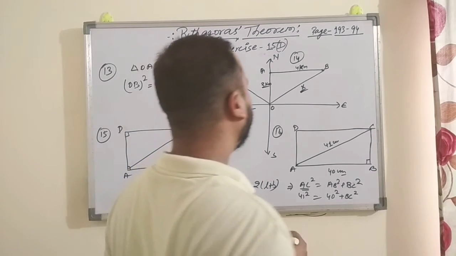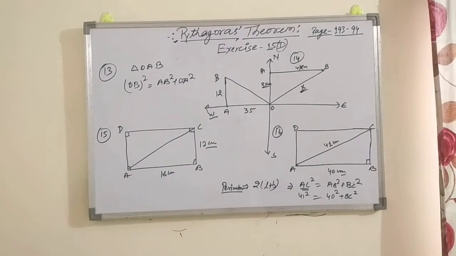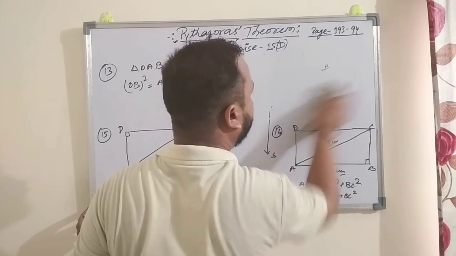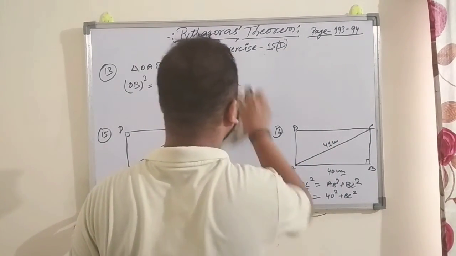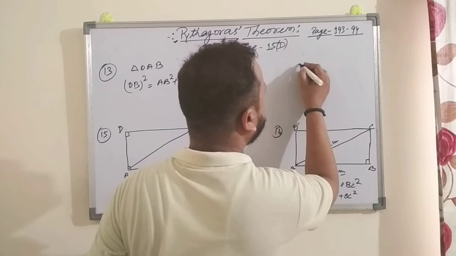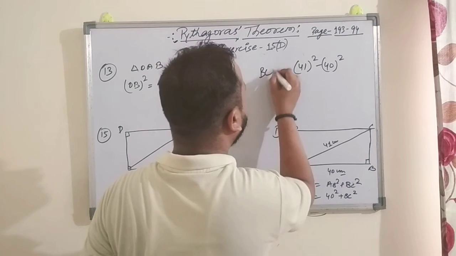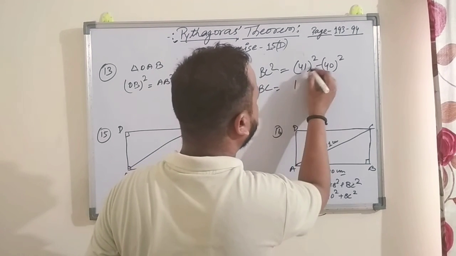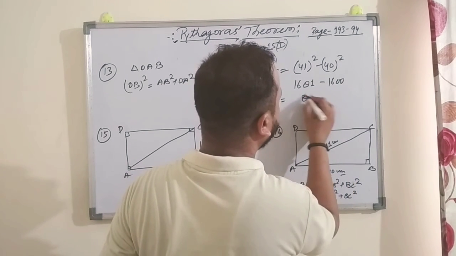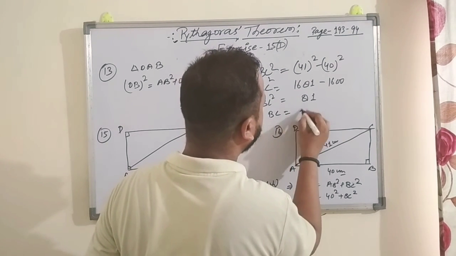So you will get the value of BC by subtracting the square of 40 from the square of 41. So 41 square minus 40 square is equal to what? BC square. So BC is equal to 41 square is 1681 and 40 square is 1600. So you will get the value as 81. Sorry, BC square is 81. So BC is equal to 9.